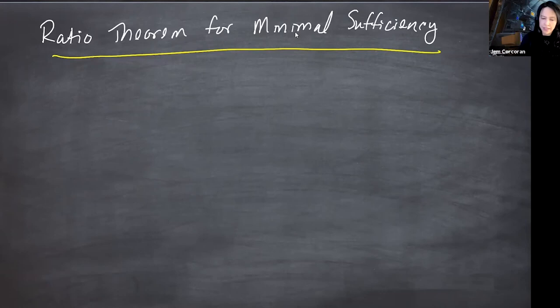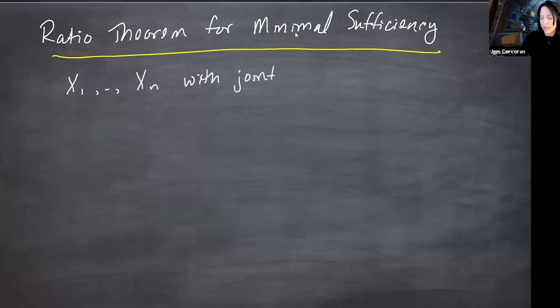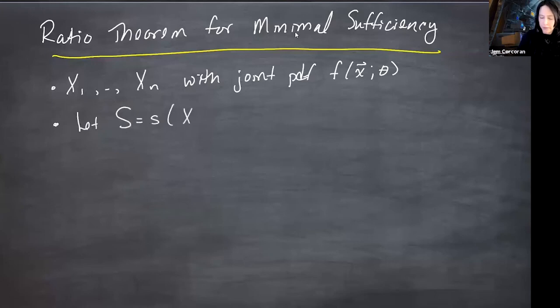Okay, so here it is. I'm going to take x1 through xn with joint PDF f of the vector x and theta, which could be vector valued. And I'm going to let S be some statistic.